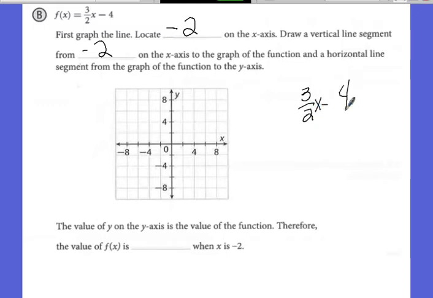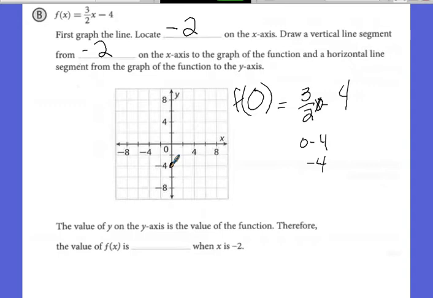Let's just start putting in some points. If I have f of 0, I put in 0, and I know that this is 0 minus 4. So when I put in 0, I get -4. So 0, -4. What if I put in 1?